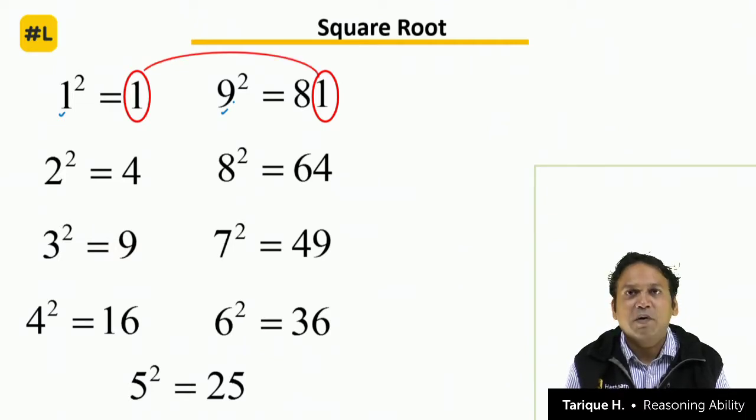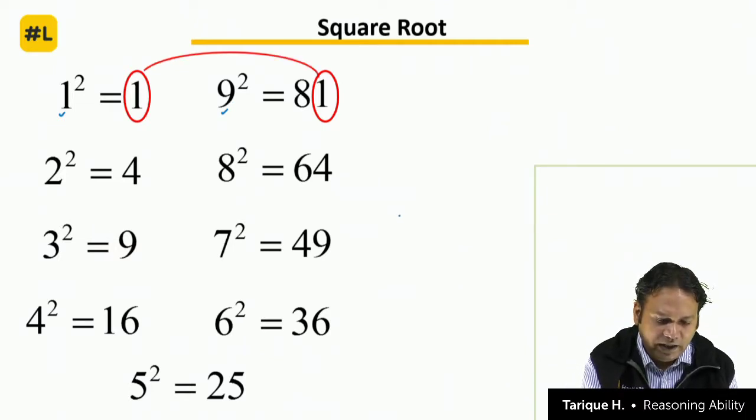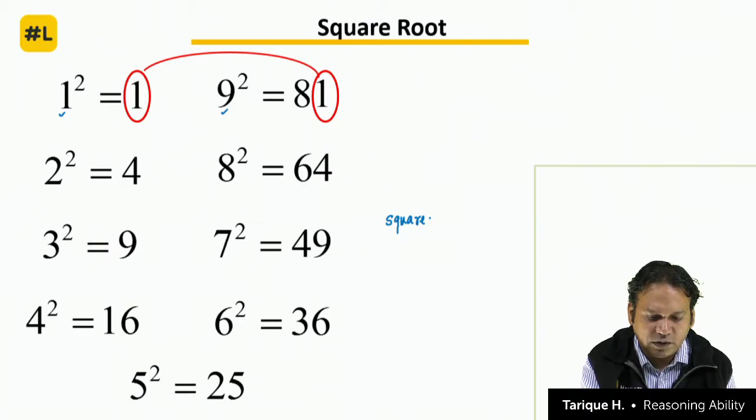So we can say that if the square ends in 1, the square root will end in 1 or 9.